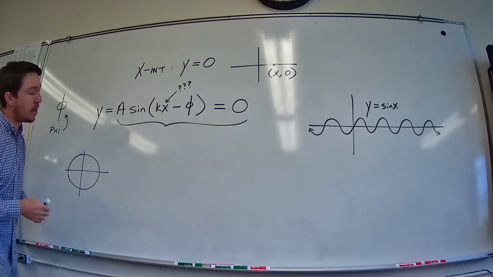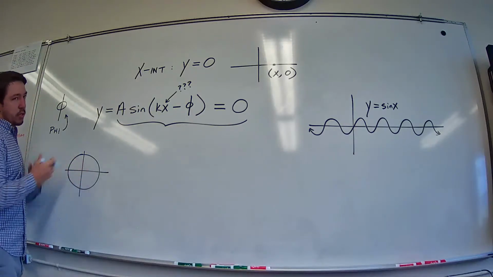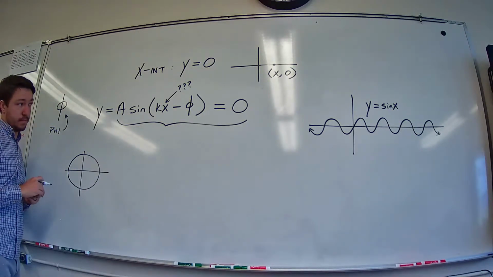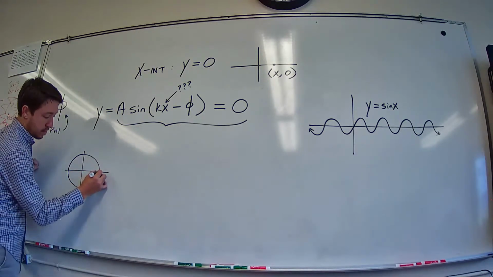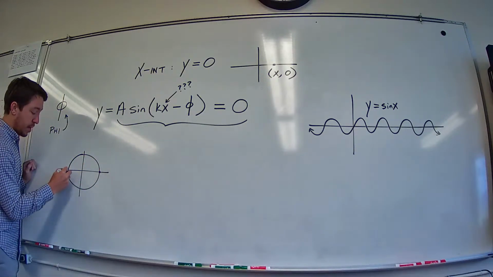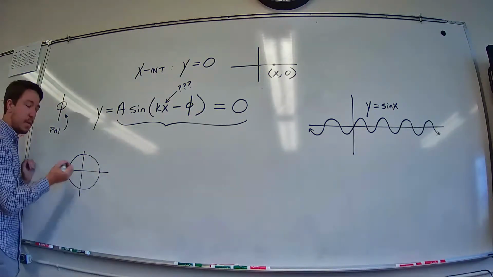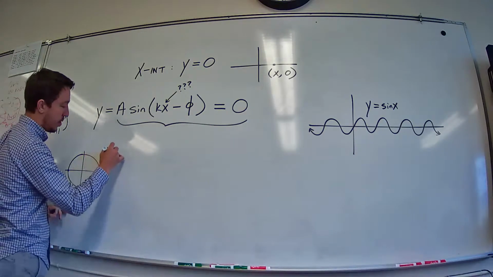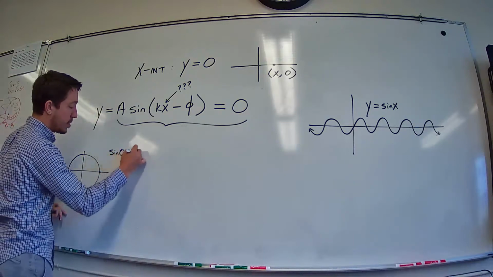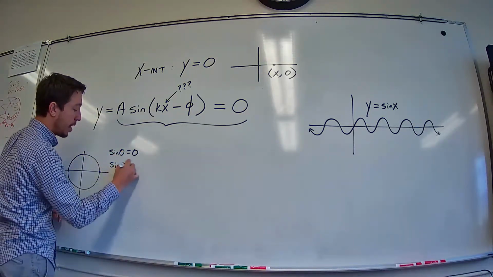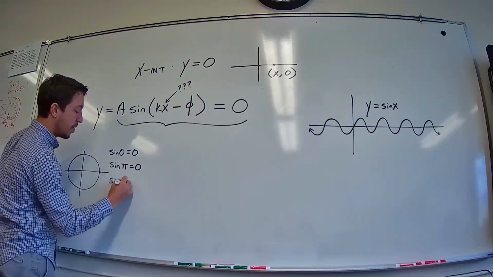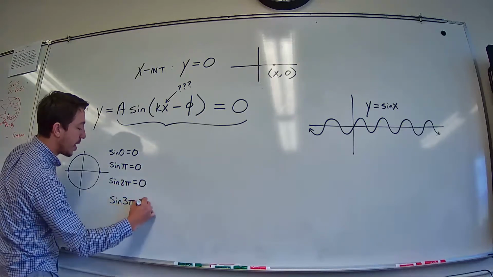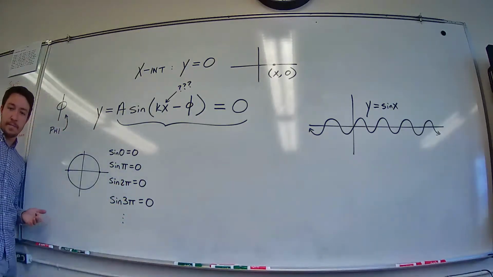The root is, where on the unit circle do we get sine values of 0? 0, pi, 2 pi, 3 pi, 4 pi. So we'd have a whole family of statements. Things like, well, the sine of 0 is 0, and the sine of pi is 0, and the sine of 2 pi is 0, and the sine of 3 pi is 0. Okay, I'll stop, but you get the idea, right?